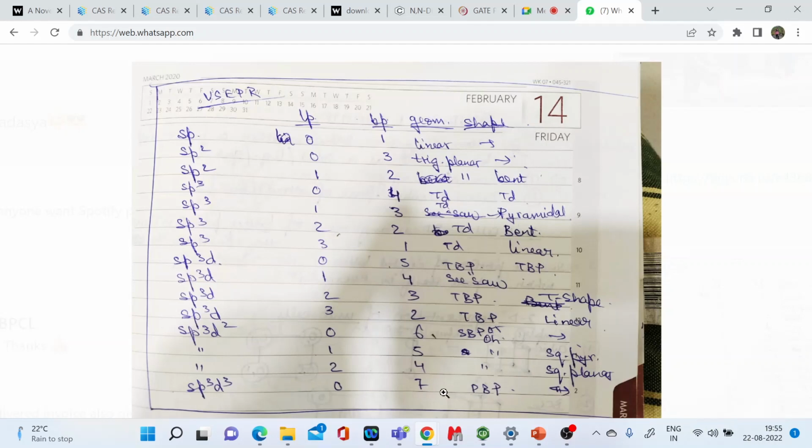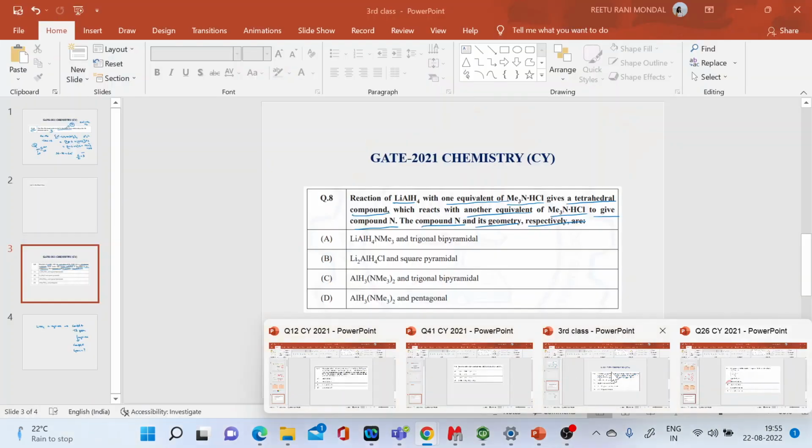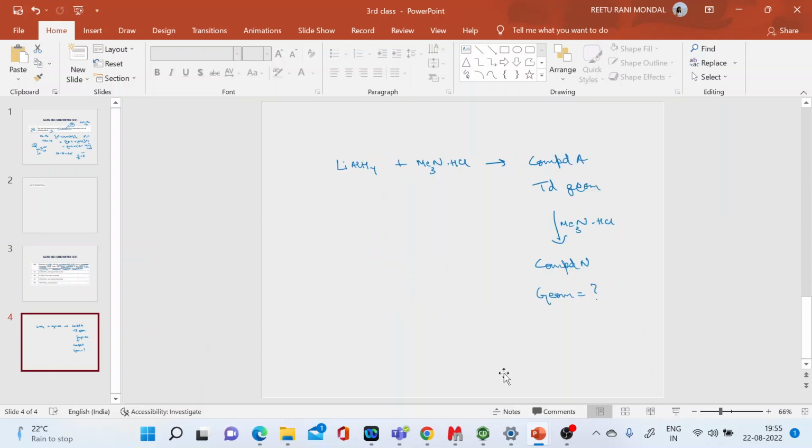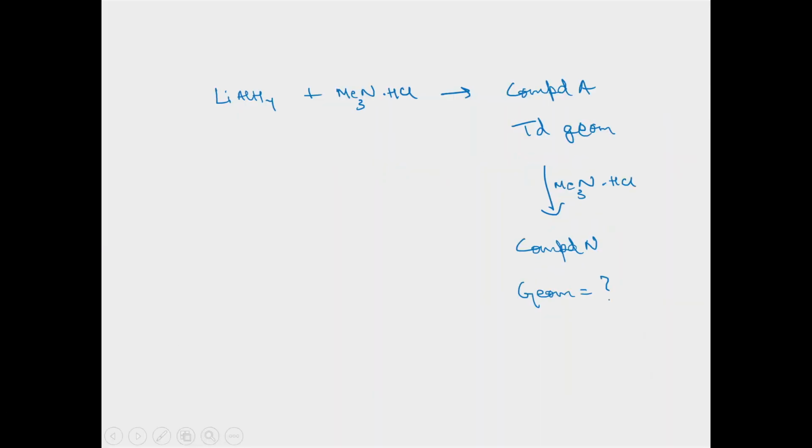We get this when the number of bond pairs is 7 and the number of lone pairs is 0.